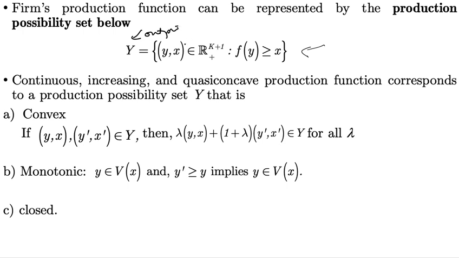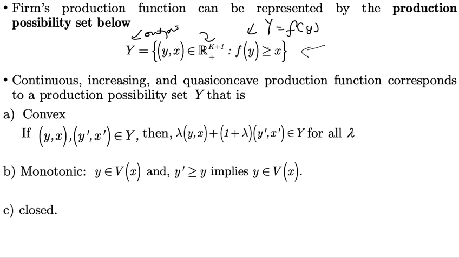The output here consists of bundles made from bundles of inputs. Let's say we have bundle y, bundle x, and these are elements in the set of inputs that we have. Also, capital Y is a function of small letter y, and it has to be bigger or equal to x.